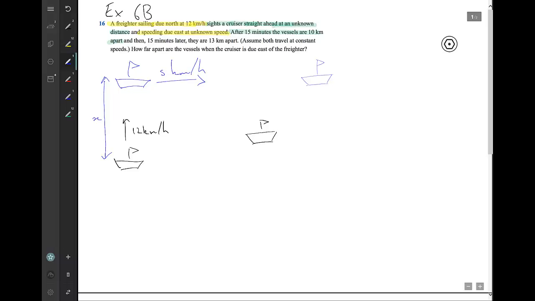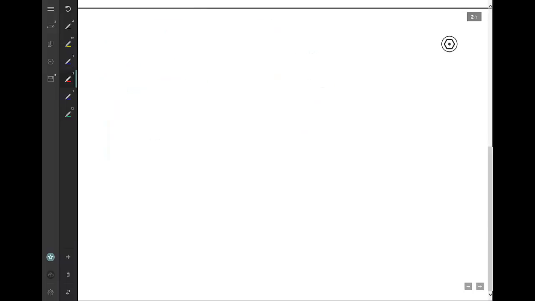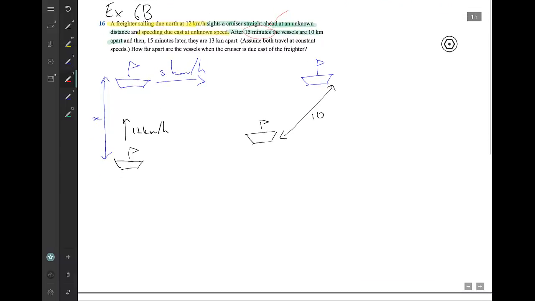And this distance in here is going to be 10. Now, one of the tricky parts of this question is to immediately convert this into the correct unit. Because we're given kilometers an hour, it makes most sense to convert that 15 minutes into 0.25 hours. Okay, so just a quarter of an hour.